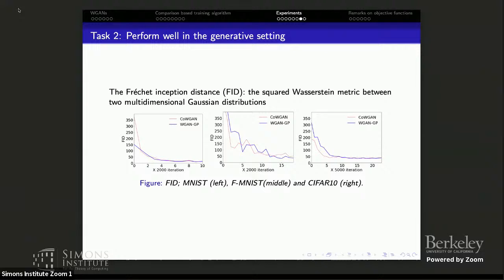So when we compute this distance, we use the mean and also the variance of the distributions. And this is the standard metric in this framework. And you see that our algorithm as well as W1GP also converges to 0 well, and they are actually really similar.